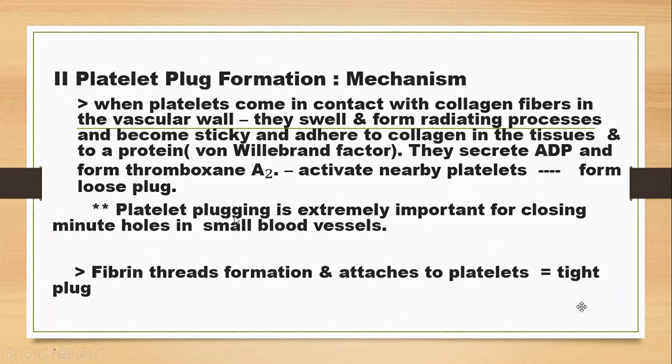Platelet plugging is extremely important for closing minute holes in the blood vessels. So we should have a normal, functioning platelet and a normal platelet count, di ba? What is the progenitor cell of the platelet?